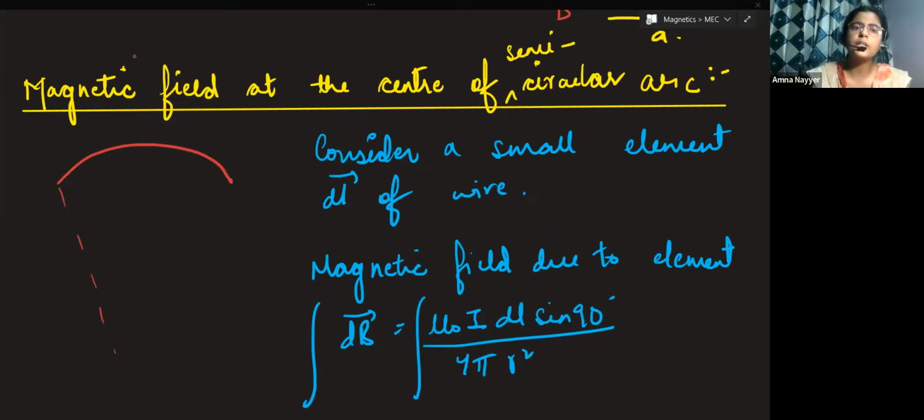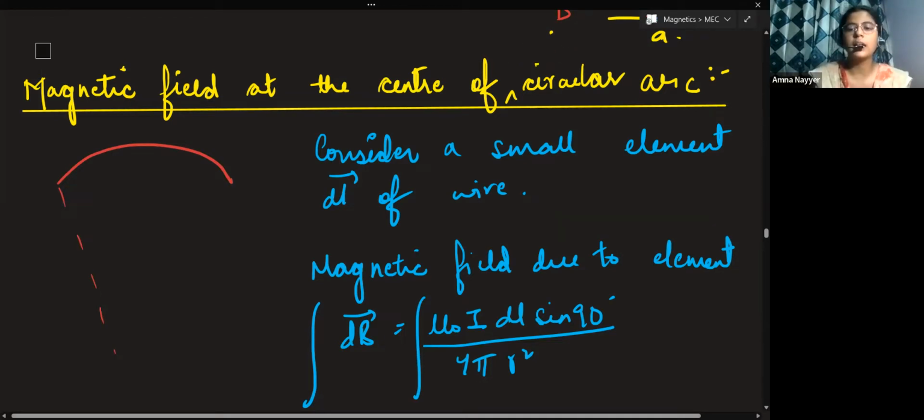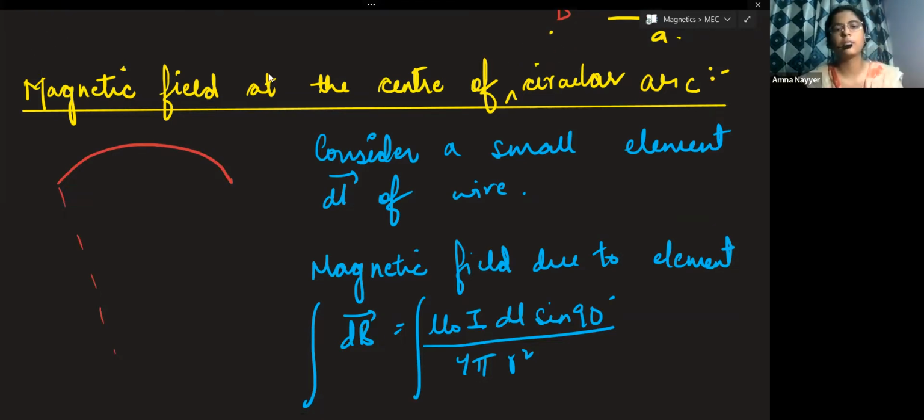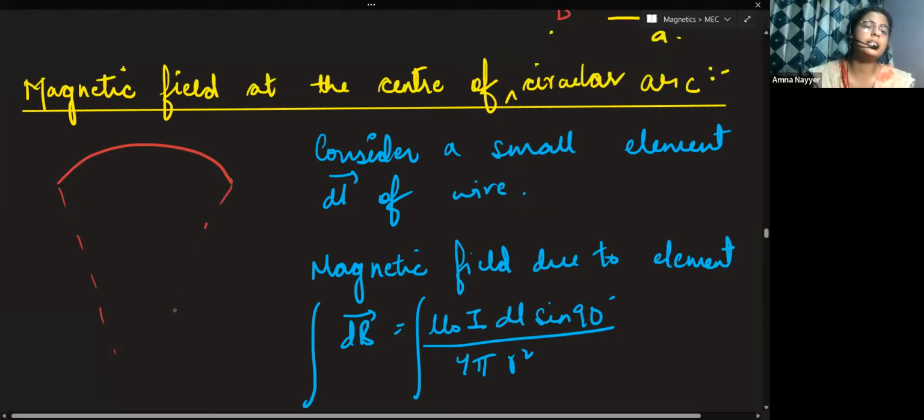See, a semicircle completely subtends an angle of 180 degrees. A normal arc, not a semicircle, subtends a random angle. It can subtend any angle. A semicircle specifically subtends an angle of 180 degrees. That's why we get it like this.